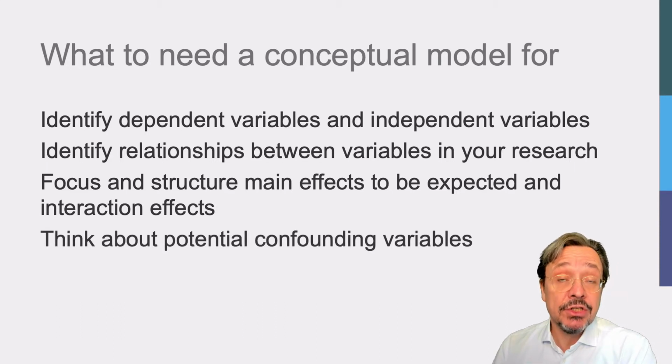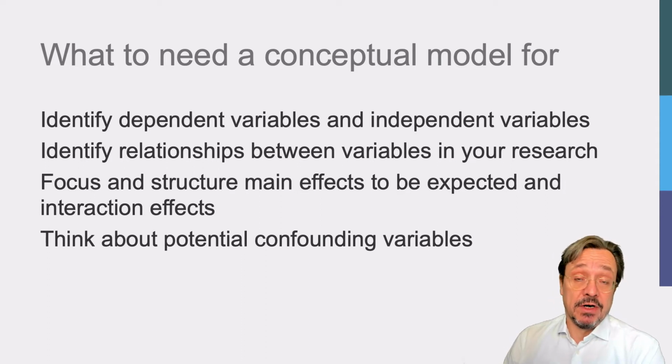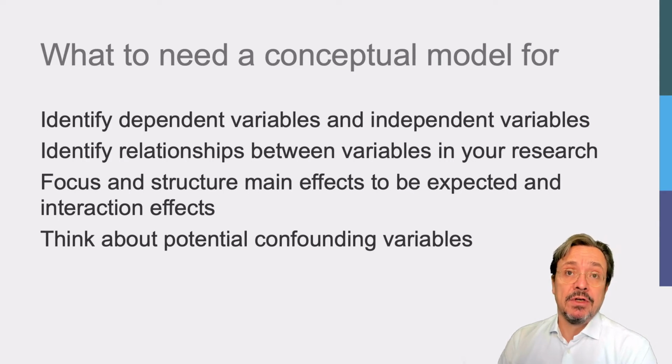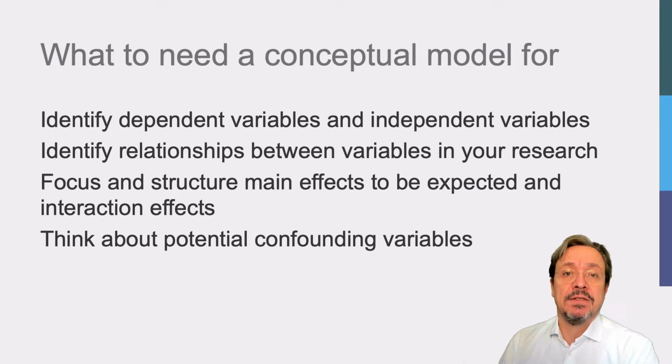Additionally, it helps you to structure the questions around so-called confounding variables. These are things that have an influence, but you probably would like to control them, or you have to consider that they could also be a source of the effect you want to observe.